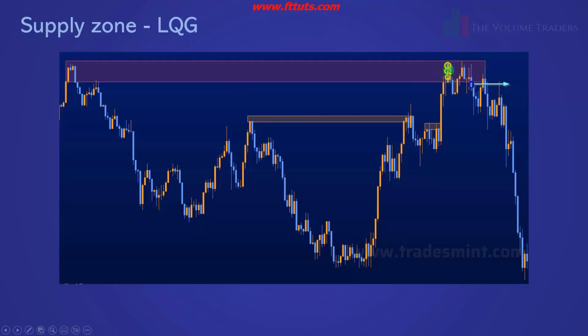There are all the imbalances from the liquidity grab. Here were stacked imbalances. I would enter aggressively after closure of the candle which broke everything, and set my stop loss above the candle which I think is the final liquidity grab.